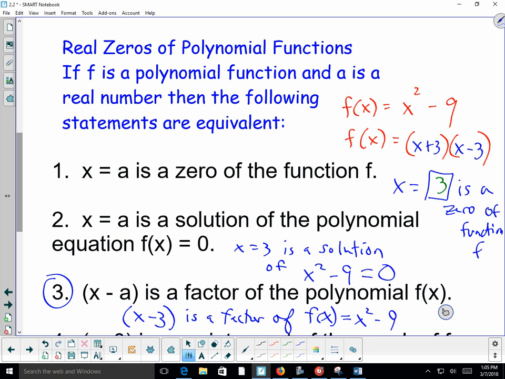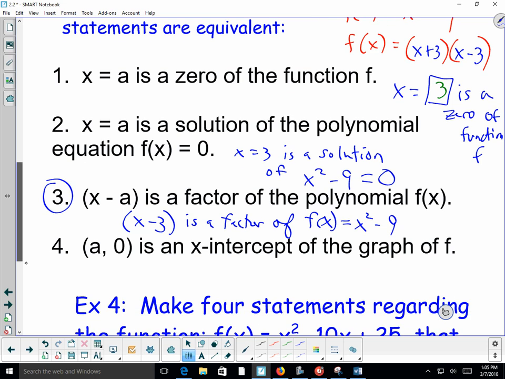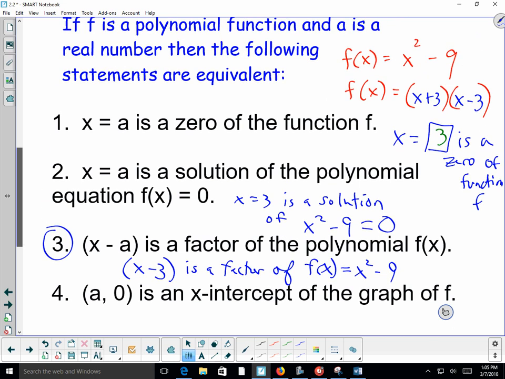And number 4 says a comma 0 is an x-intercept of the graph of the function.